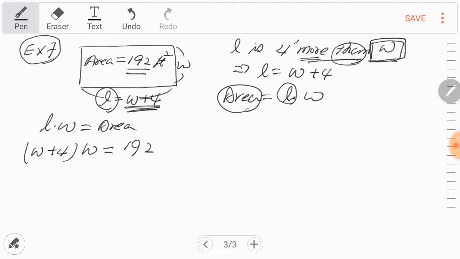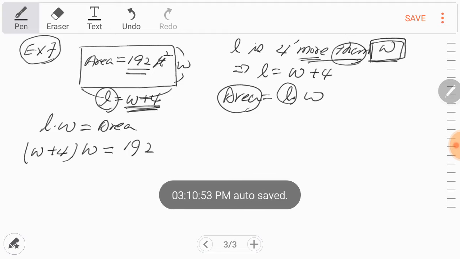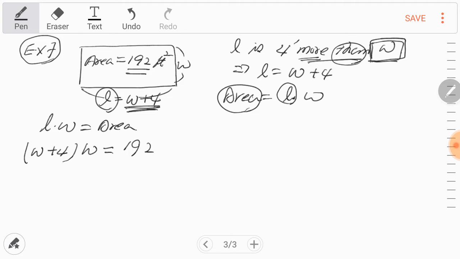So we have an equation like this. Always when you write an equation, make sure that we are using only one variable. Don't use the variable L, because L can be written in terms of W. So make sure L is replaced by W plus 4, so that we have only one variable in this equation. And then solve for W.